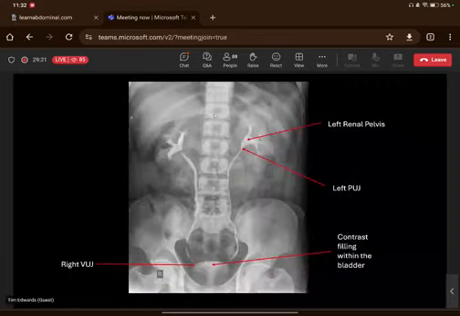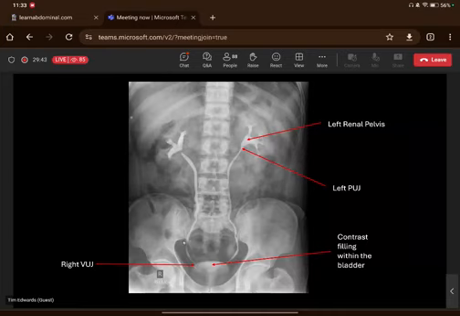So IV urograms are outdated really in terms of now using CT urograms in clinical practice, but it does highlight the anatomy quite well. So it's useful for you to be able to get a feel for these different parts. As we can see highlighted by the red arrows, you can see the left renal pelvis.